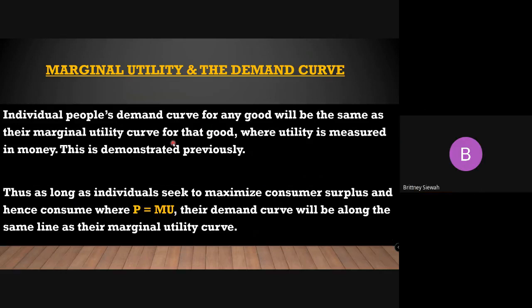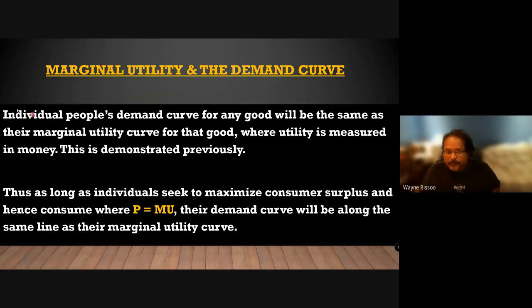So what we have here is that individual people's demand curves for any good will be the same as their marginal utility curve for that good, where utility is measured in money. That was what we were looking at before.